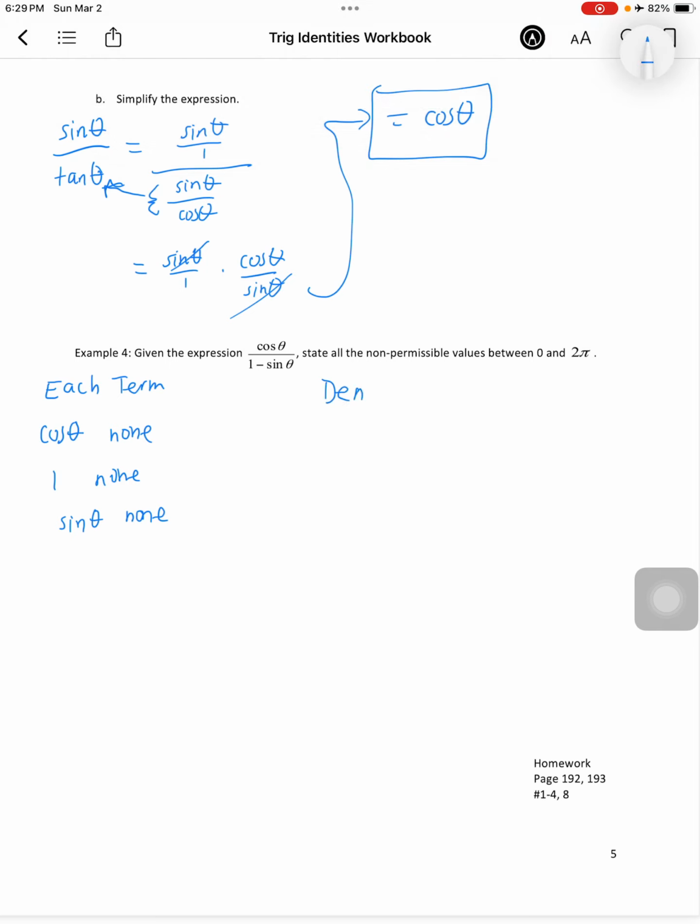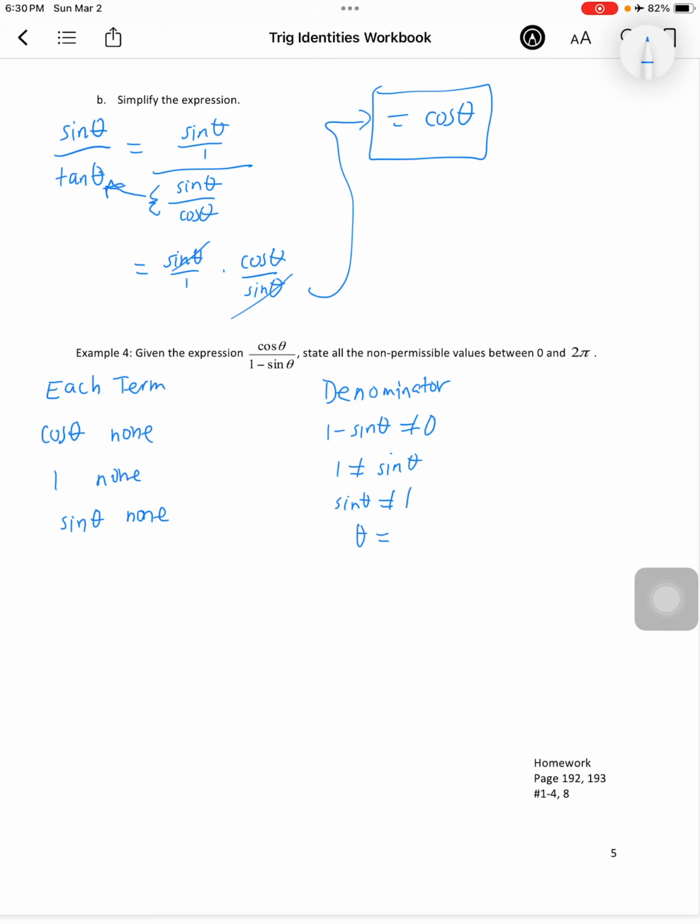Now, for your denominator, it cannot be equal to 0. Therefore, this whole bottom part here cannot equal 0. So 1 minus sine theta cannot equal 0. That means 1 cannot equal sine theta, or the other way around, sine theta cannot equal 1.